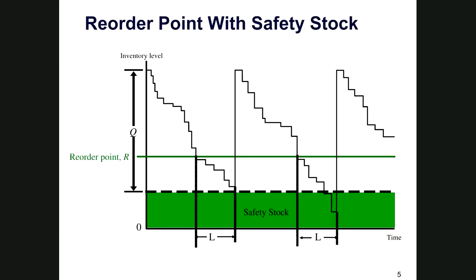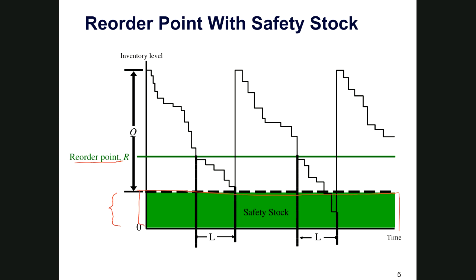And the way this is done is we're going to need to calculate a reorder point that includes a designated amount of safety stock, and that's this area in green here. This is the safety stock that we need to add to this reorder point.